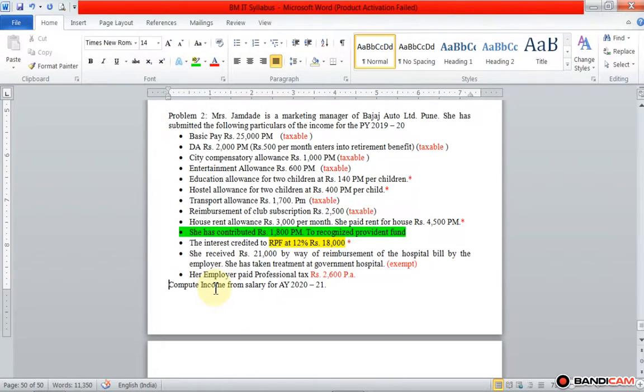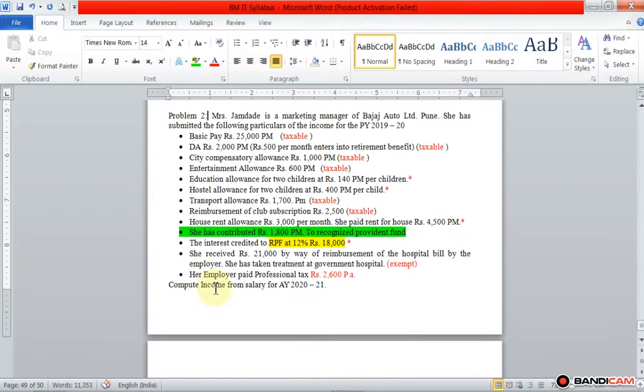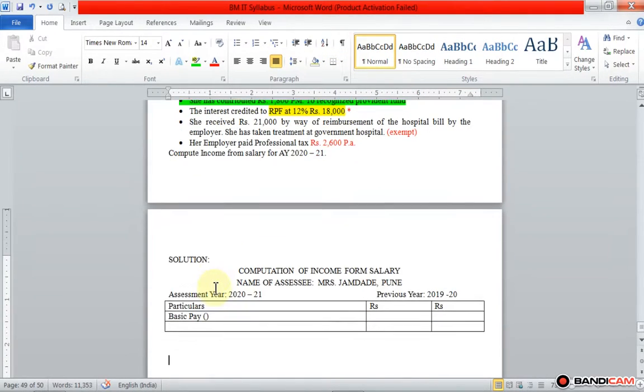The first point is basic pay, amounting to rupees 25,000 per month. So we compute salary for the whole year.